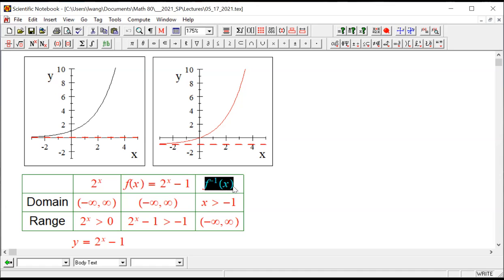We haven't found the inverse yet, but we know the domain and range will just be swapped. And when did that happen? It happens at the moment of swap. Okay, so that's swap.